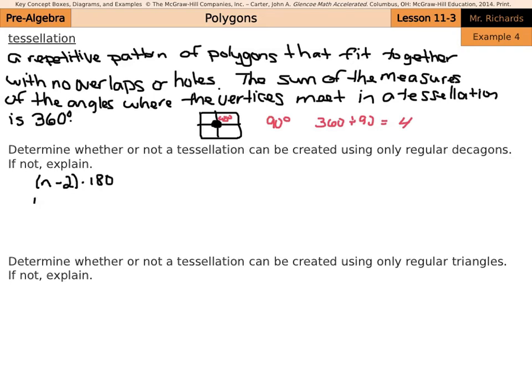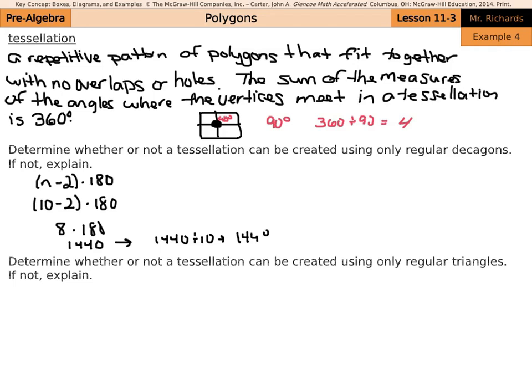Our decagon has 10 sides, so 10 minus 2 times 180. 8 times 180 is 1,440. Now when I divide that by 10, I get 144 degrees for each interior angle.